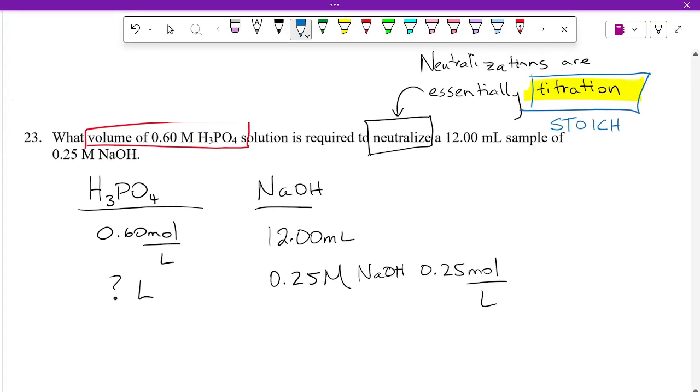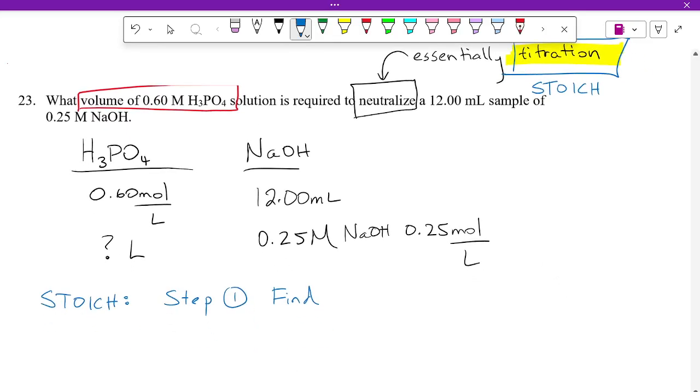So, what is stoichiometry? In stoichiometry, step 1, what are you finding? Tell your partner. Moles, yes. Step 2, find moles.